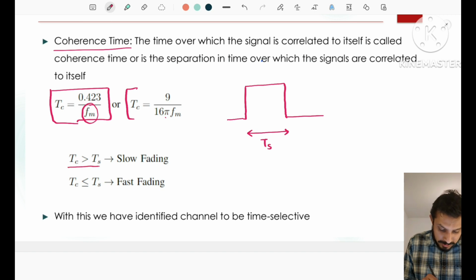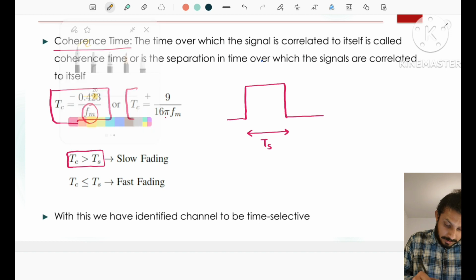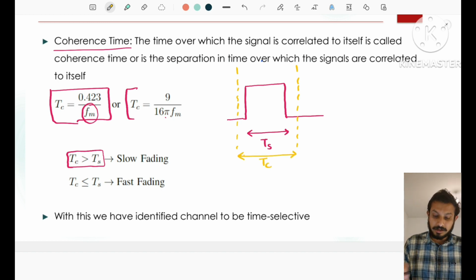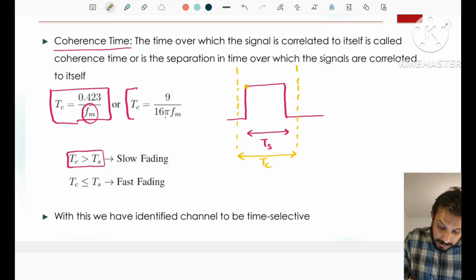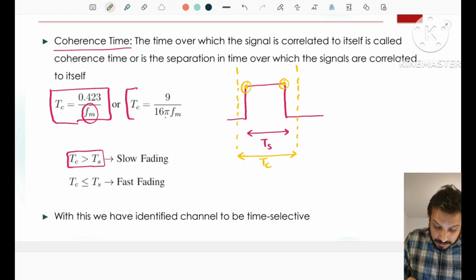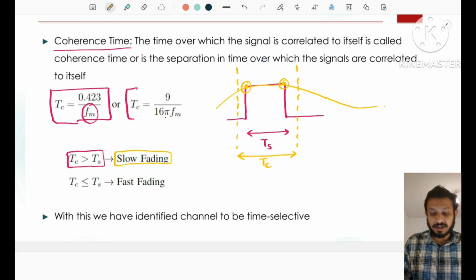Now when this coherence time is greater than the symbol time, what it means is that, let's say this is the coherence time and this is greater than the symbol duration, then these 2 points are correlated to each other. So that means we say that the channel is fluctuating very slowly. As a result, we have a slow fading channel.